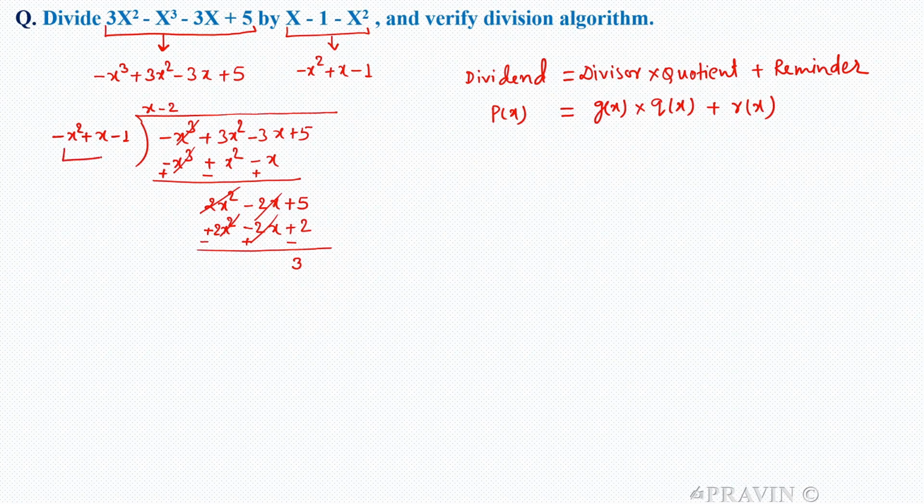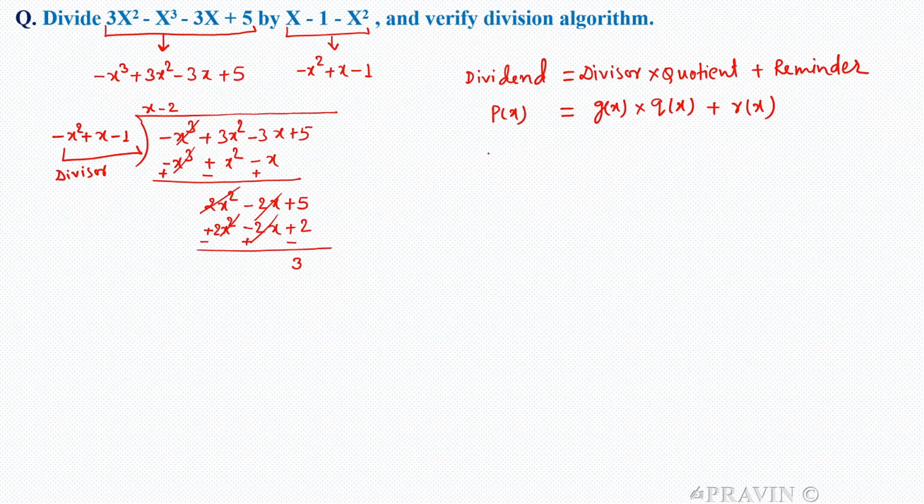Here, this is the divisor and this polynomial 3x square minus x cube minus 3x plus 5 is the dividend, and x minus 2 is the quotient and 3 is the remainder.